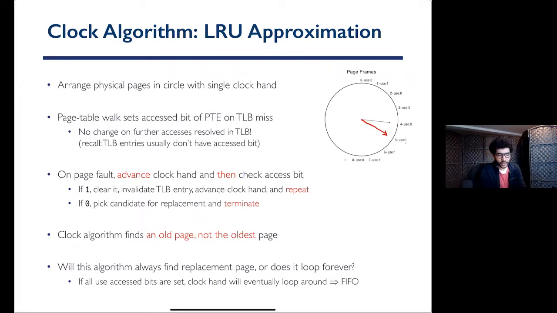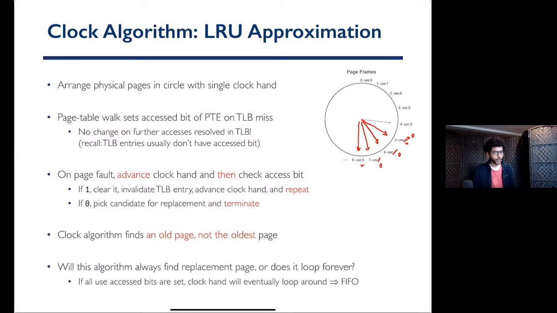We check to see if the page that the clock hand is pointing to has a valid bit of 0. If not, we change it to 0 and we move to the next one. Again, change it to 0 until we eventually find someone who is 0, and that would be our victim to be evicted.